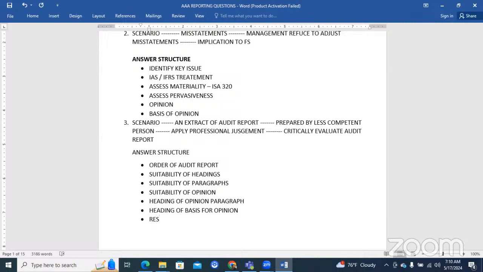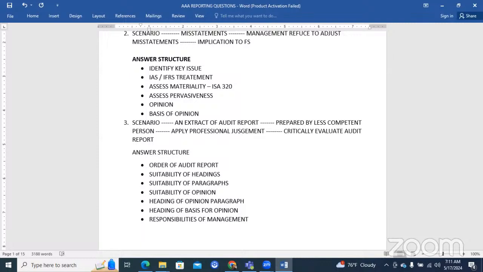Then, responsibilities of management. Sometimes management's responsibility is taken as the auditor's responsibility. For example, preparation of financial statements.